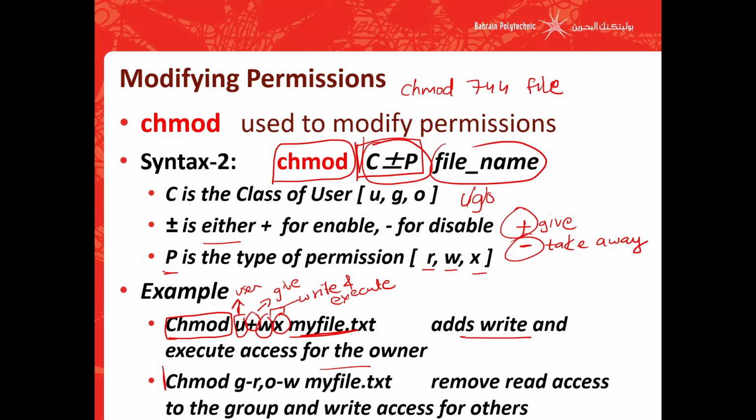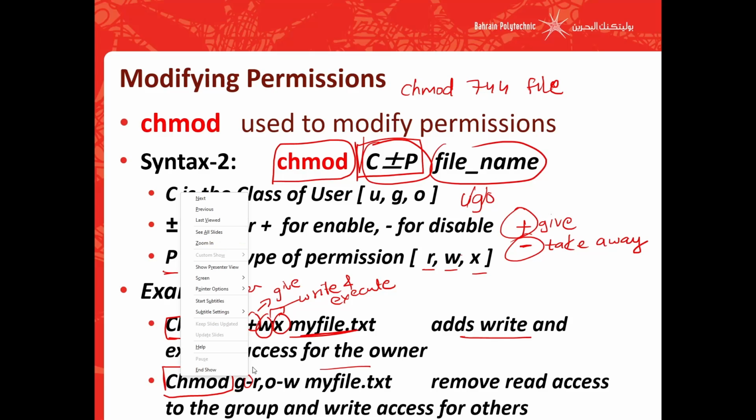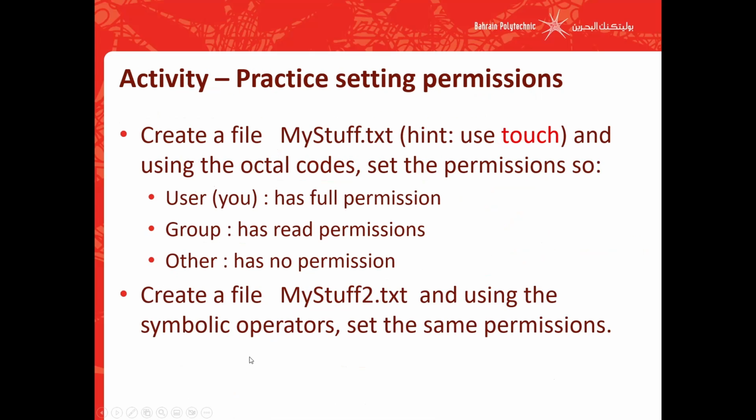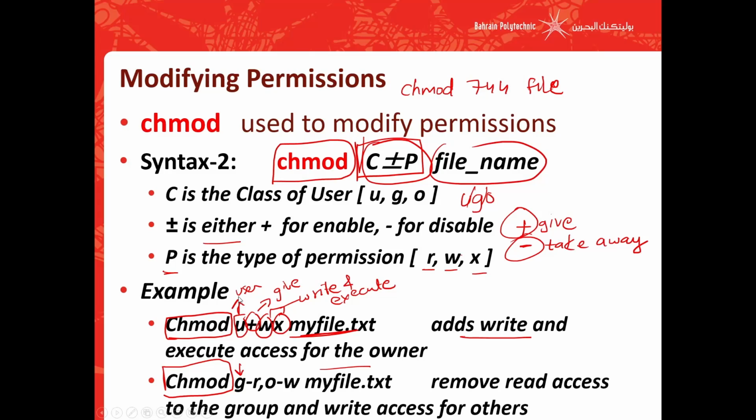Now, on the second example, you can see chmod, we're saying for the group, this means remove read permission. R is for read, right?